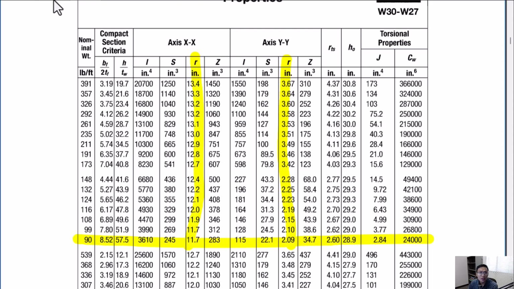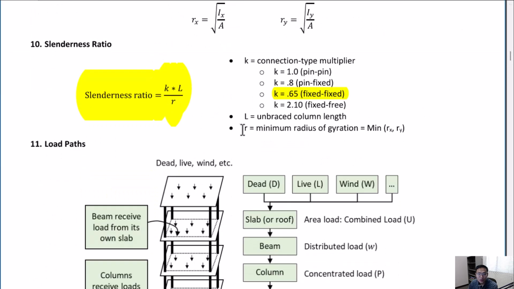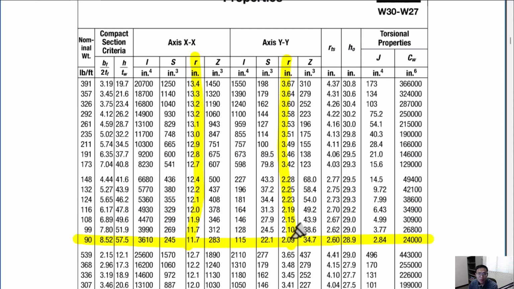I have two options here, however, for buckling we should use the minimum radius of gyration, which is 2.09.